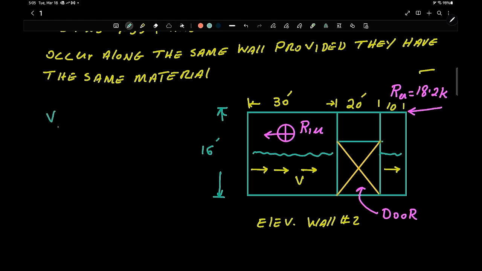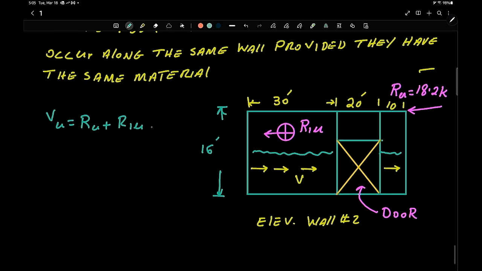Our V_U is equal to R_U plus R1_U, which is equal to 1820 plus 192, and that will give us 2012.